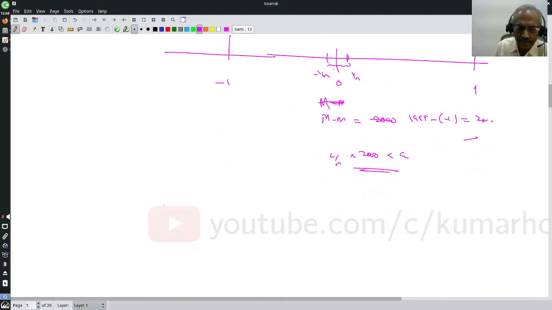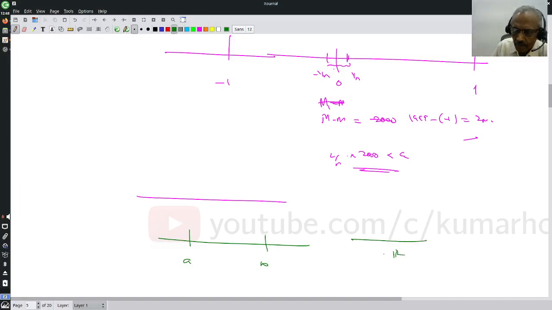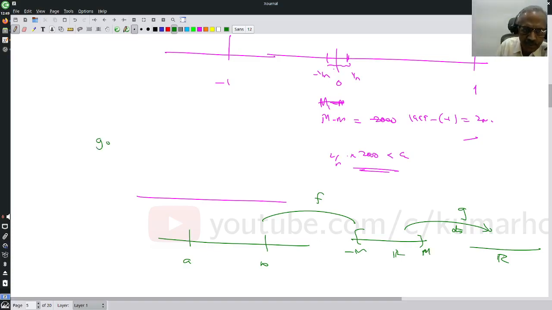Okay. A similar thing you will see when I have a function f from [a,b] to R, mapping into the interval minus M to plus M, and let us say this function f is integrable, and I have a function g which is continuous from R. Then g composed with f from [a,b] to R is integrable.